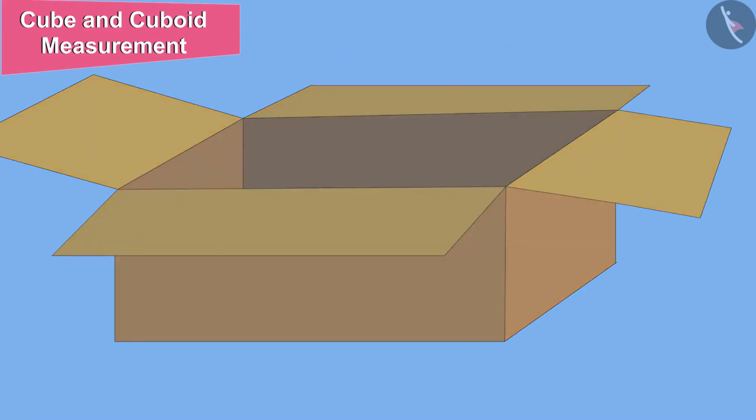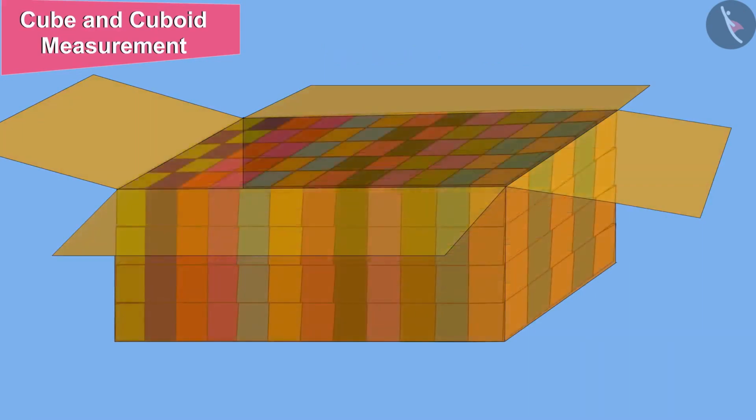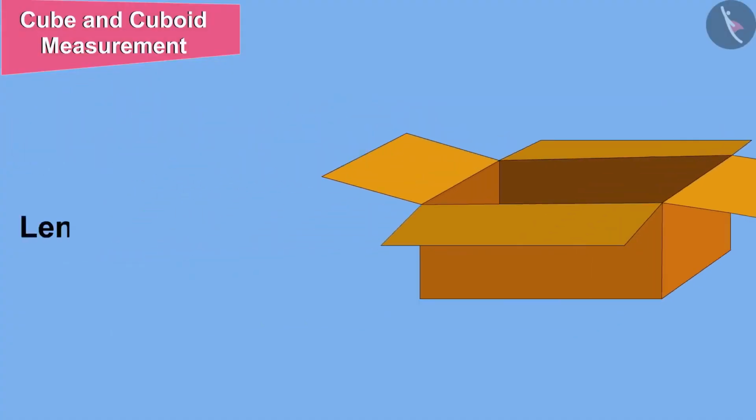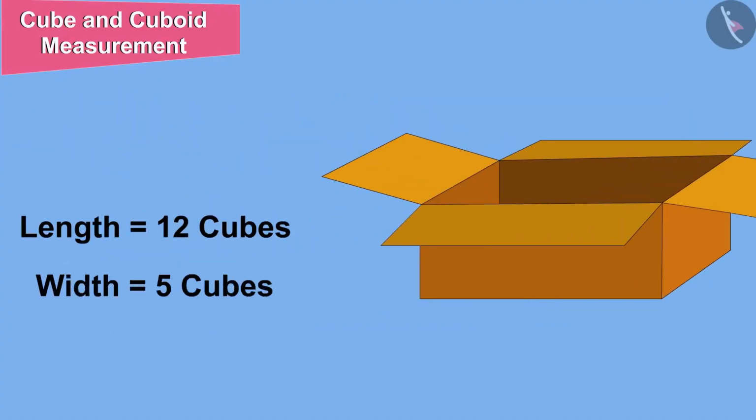This means that this box will have 4 layers made up of cubes of dimension 1 centimeter each. There will be 12 cubes in the length of the box and 5 cubes in the width.